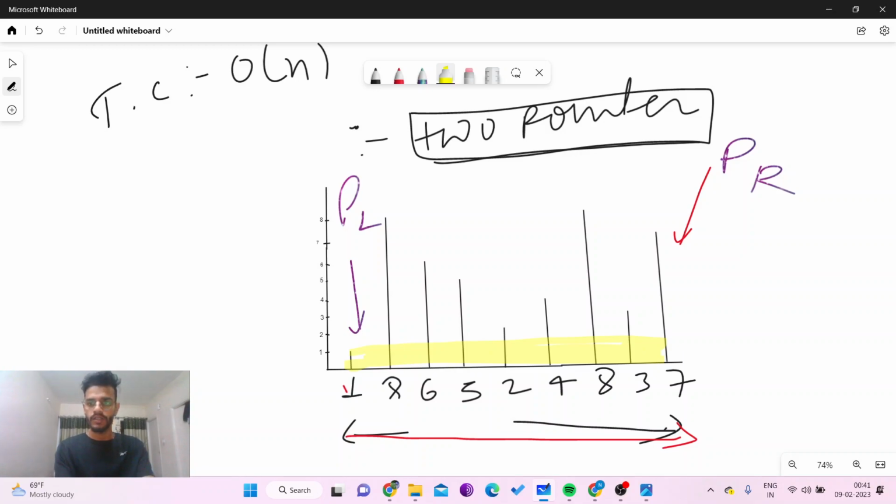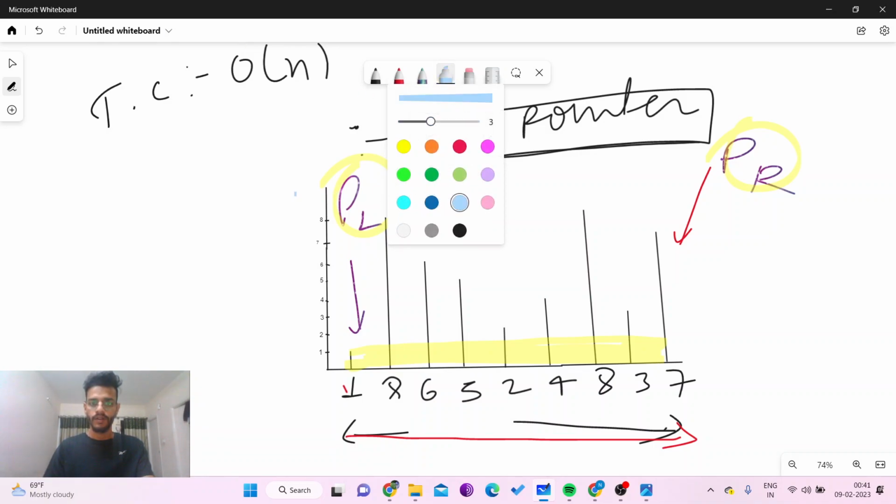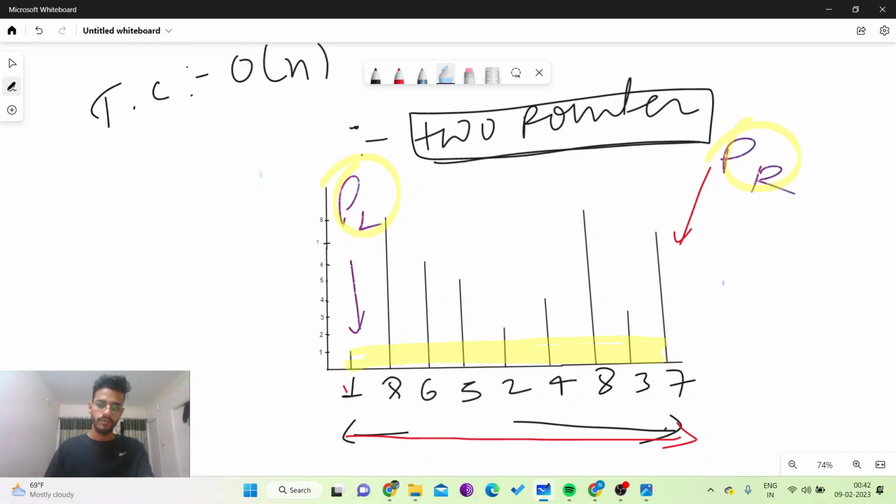Now the width is 8 minus 1, so 7, into 1, which means the area is not maximum. So we have to find where we can get the maximum area.